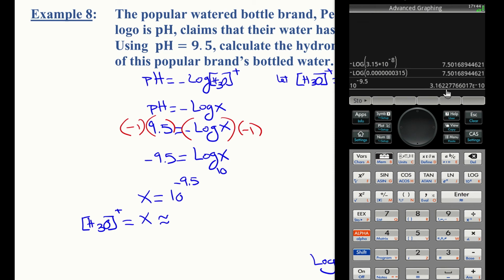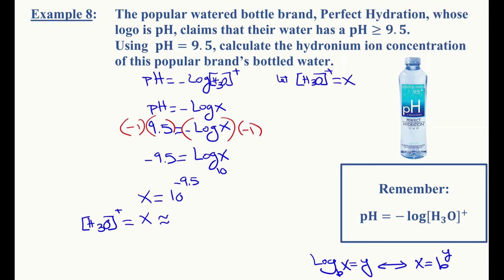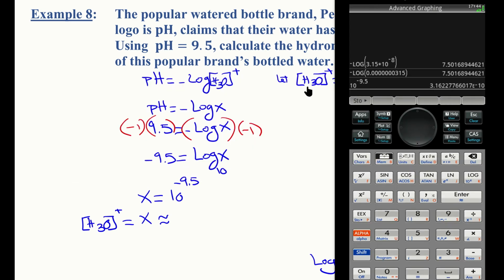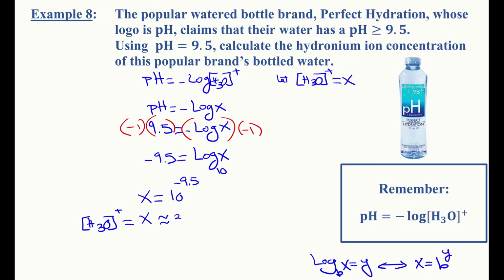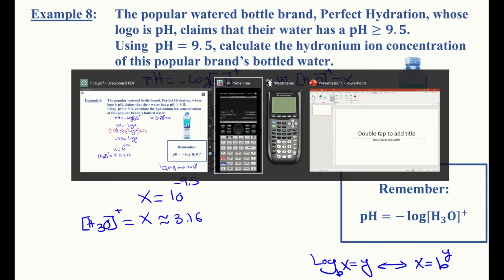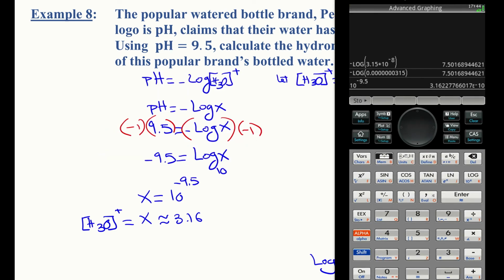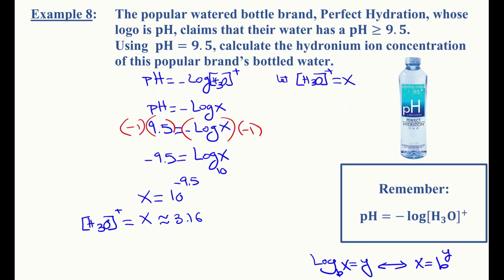So here we can go to 4 places, for instance. 3.16. We can even usually round those to 2 decimal places. That's good enough. So just deal with the problem according to instructions given if you're on a test or on homework. So 3.16 times 10 to the power of negative 10.